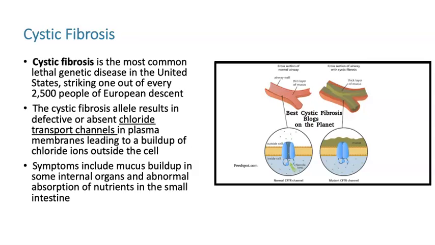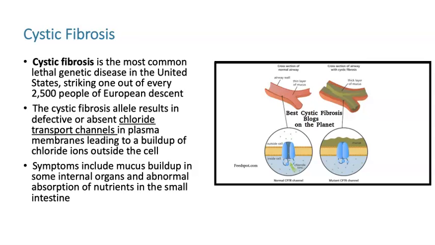Cystic fibrosis is probably the most common lethal, that means deadly, genetic disease in the United States. 1 in every 2,500 people of European descent have cystic fibrosis. It occurs because the chloride transport channel in the plasma membranes of your cells causes chloride ions to build up outside of the cells.